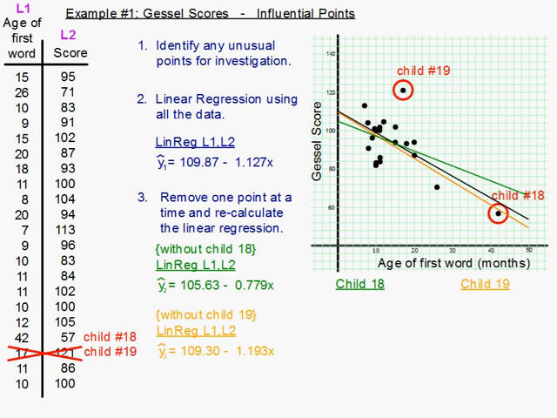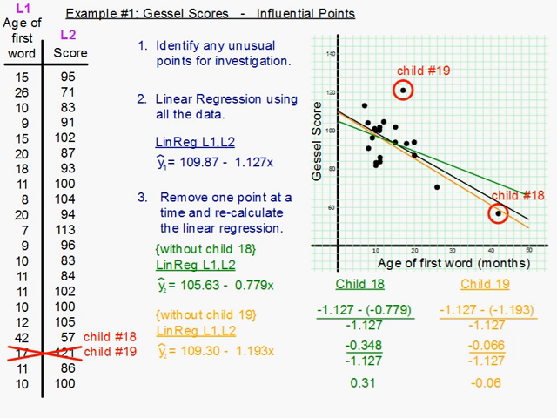What we're going to be focusing on are the slopes of the lines. If we calculate the percent change between the slopes, here's our 0.997 when we remove child 18, and 1.127 is when all the data is included. This is the difference as a percentage, and it changed by 31%.